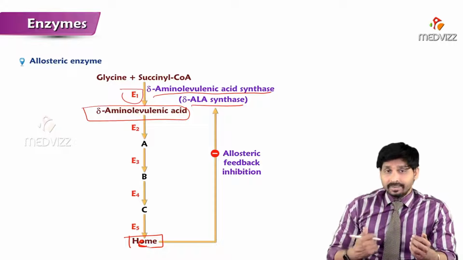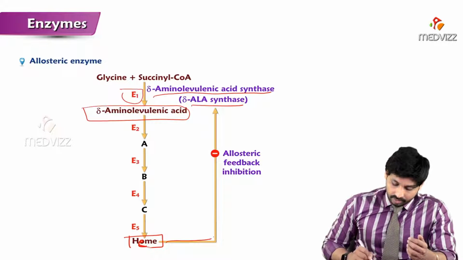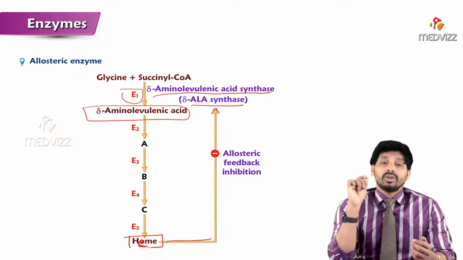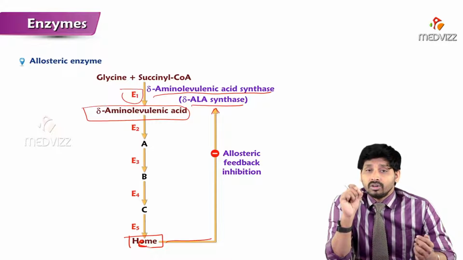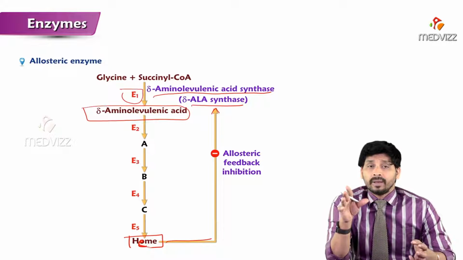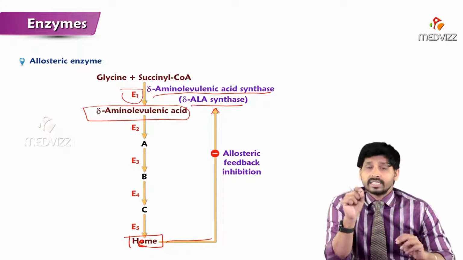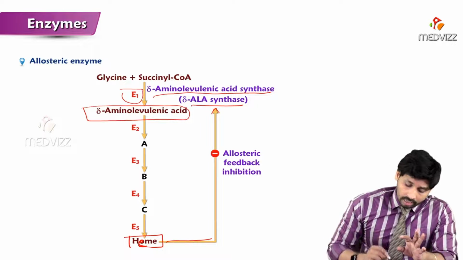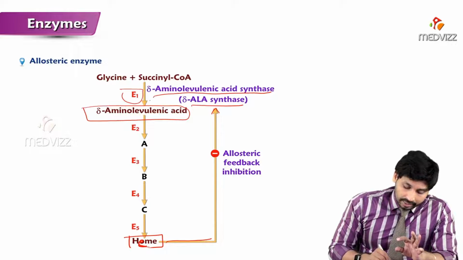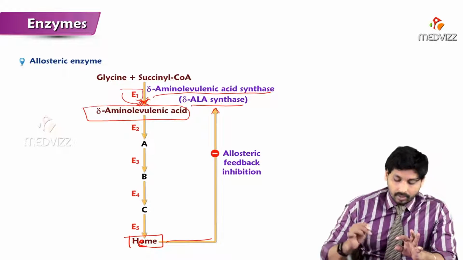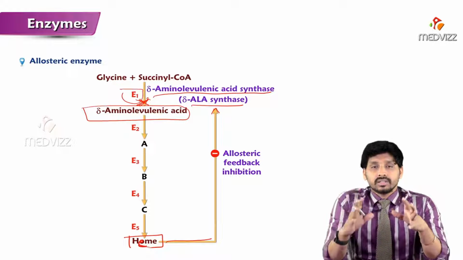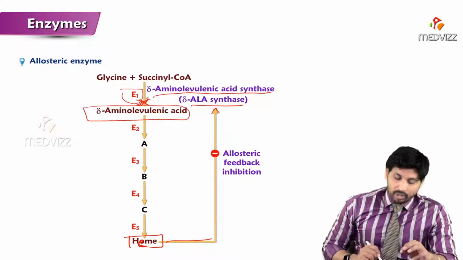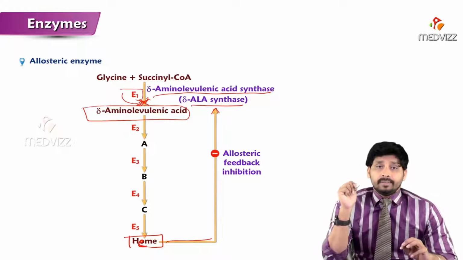When heme is synthesized, it goes and inhibits the first enzyme, ALA synthase. So heme is a negative modulator for ALA synthase. It binds to the allosteric site of the enzyme and will not allow aminolevulinic acid to form further. This way heme synthesis is regulated by allosteric regulation, because here the end product inhibits the first enzyme.